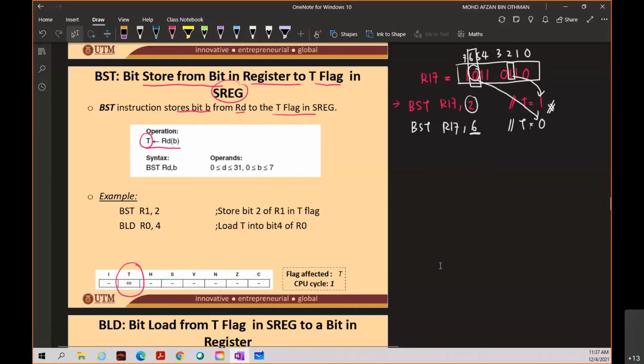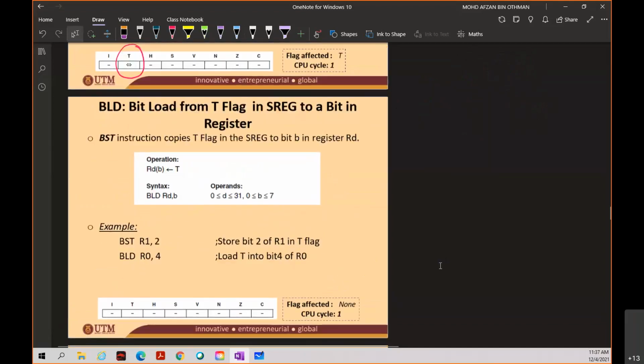Next we have the BLD. BLD stands for bit load from T flag in the status register to a bit in register. This BLD instruction copies your T flag.